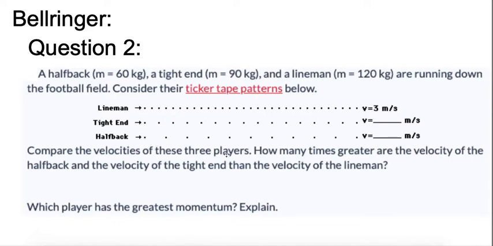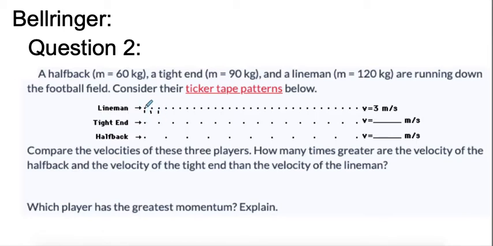Okay, so compare the velocities. How many times greater are the velocity of the halfback and the velocity of the tight end than the velocity of the lineman? So we have to look at what we're given here. We know that this one's 3 meters per second, and we can pull apart that each of these is 3 meters per second.